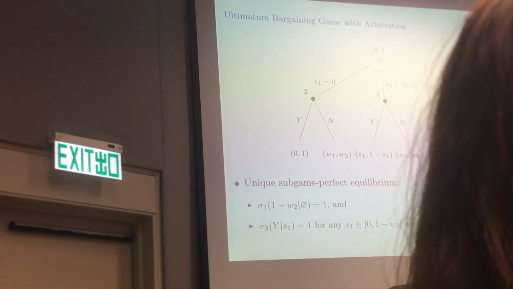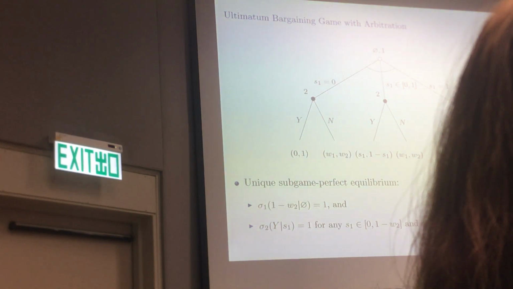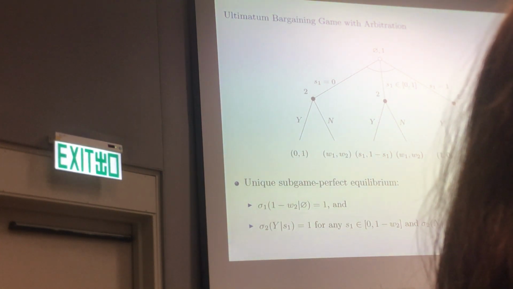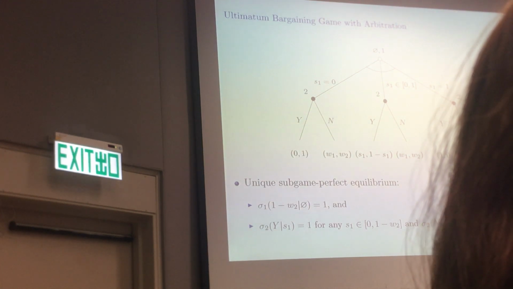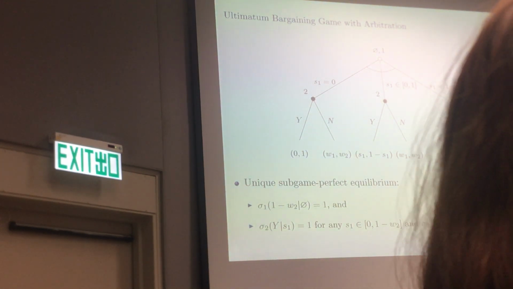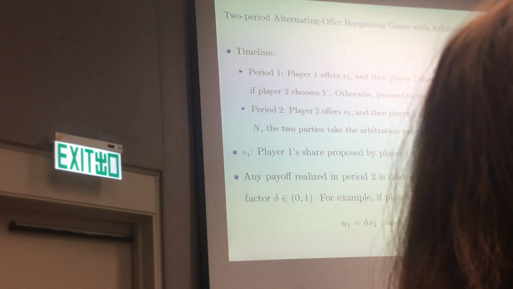In the ultimatum bargaining game, player 2's outside option is 0, so player 1 enjoys the entire pie. In the second game, player 2's outside option is equal to W2, so player 2's equilibrium payoff is actually equal to W2, and player 1 enjoys the residual of the pie. Okay, so far so good.